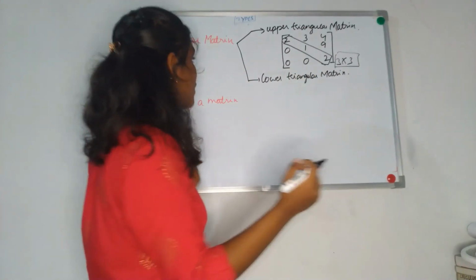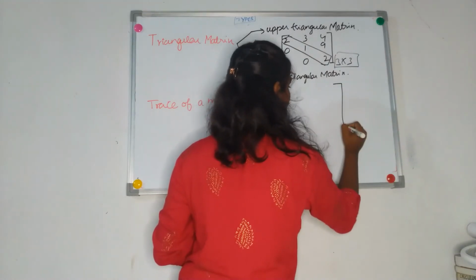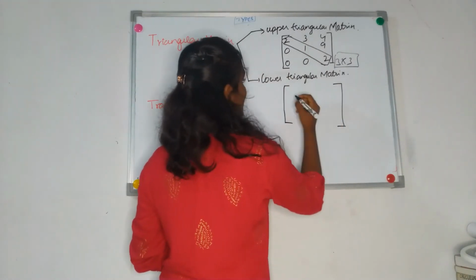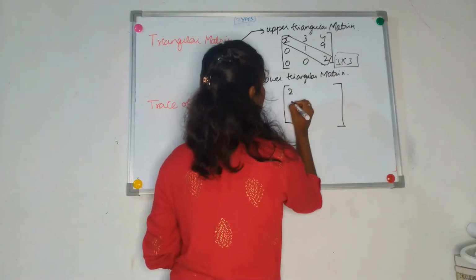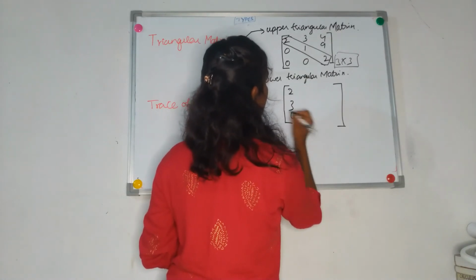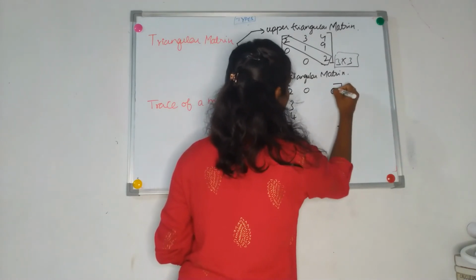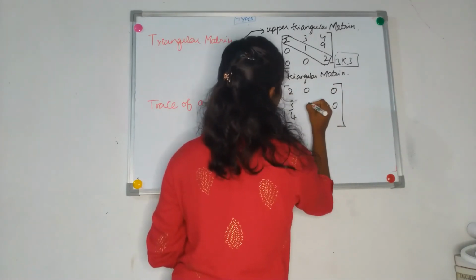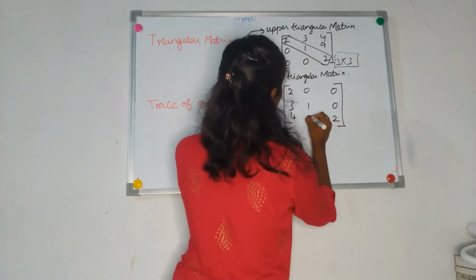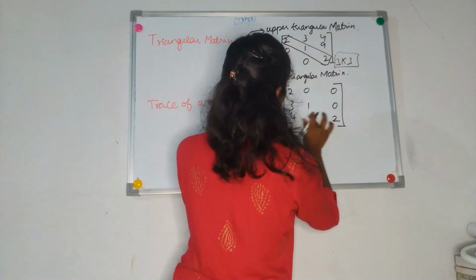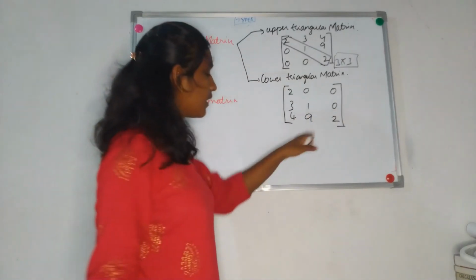Now what is a lower triangular matrix? Hope you will be catching it soon, right? Let me write an example for that. Okay, 3, 2, 4 and 0, 0, 0, 1, 2 and 3, and let me write 9.